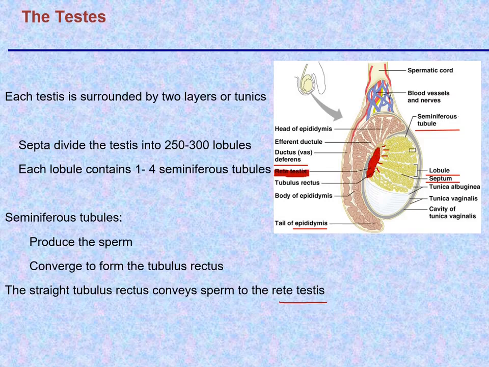So they're all emptying into that tubular structure. And the rete testis then leaves the testes and empties into this area here, which is all epididymis. Let's go to the next slide.